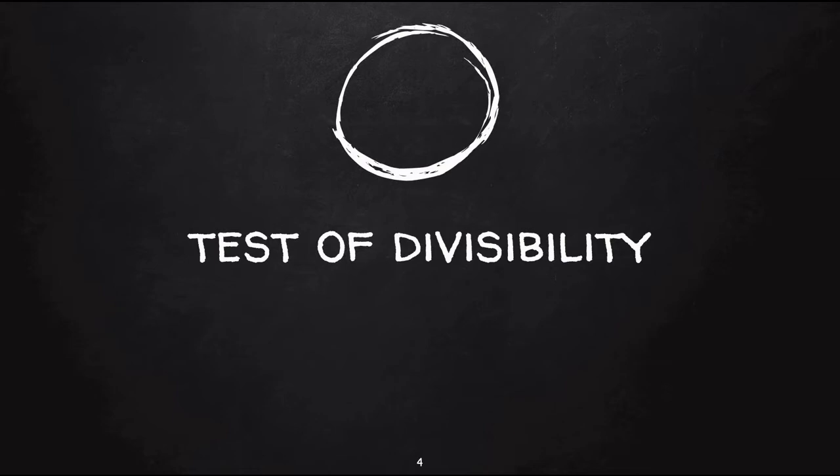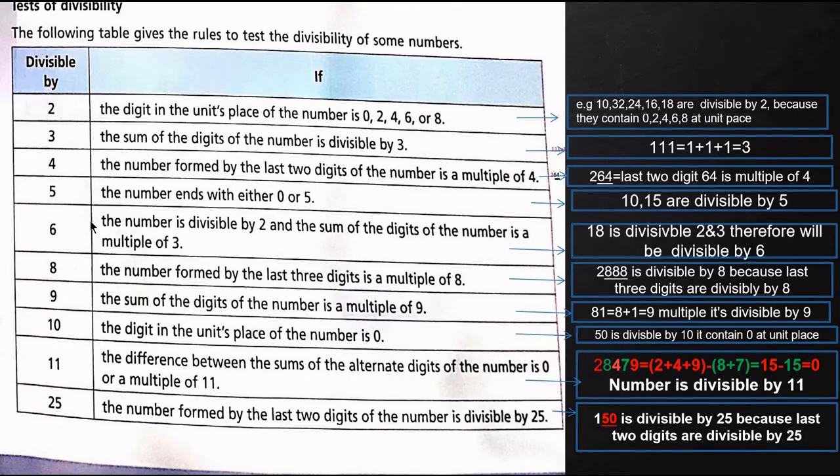Now we start the divisibility tests of the following numbers. You are also familiar with the divisibility test of a few numbers. Divisibility test of 2: the digit in the units place of the number is 0, 2, 4, 6 or 8.